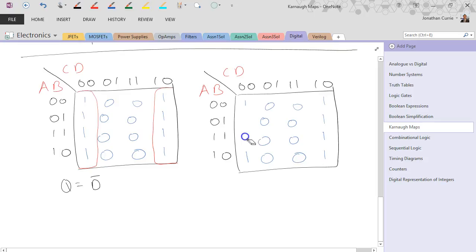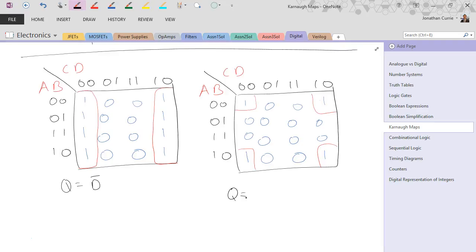Alright, let's have a look at another example. You might say, hold on, there's nothing I can do here. Well, once again, we can overlap over the edges. In this case, what would be the condition here?